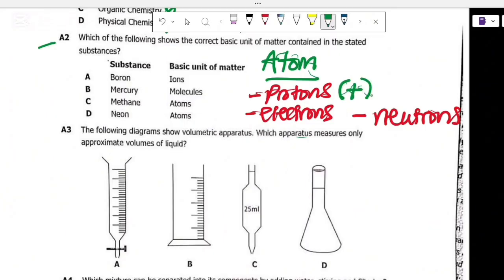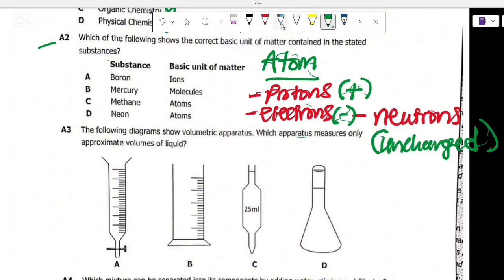Electrons are negatively charged particles. Neutrons are uncharged. Notice the word says neutrons, from the word neutral. So they are uncharged. You have to understand that. Okay, so these are the three parts of an atom. Atoms are made up of protons, electrons, and neutrons. I hope you understand that.